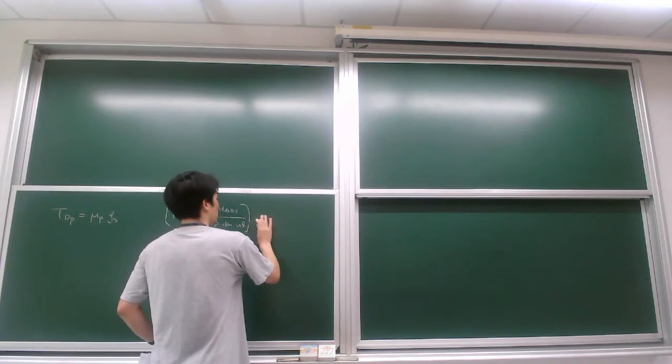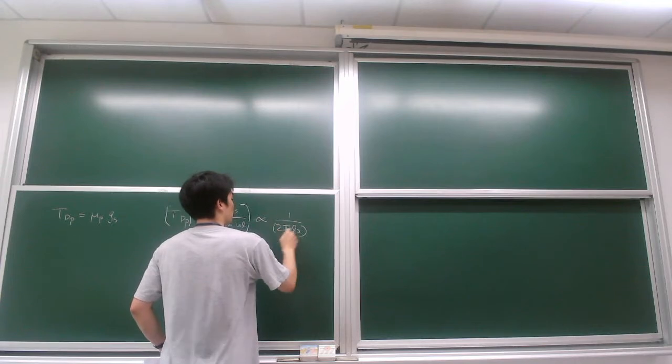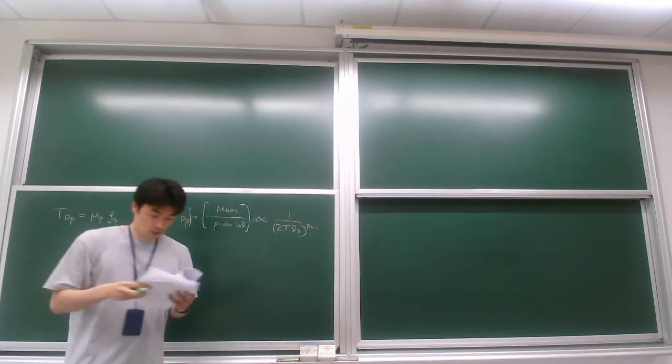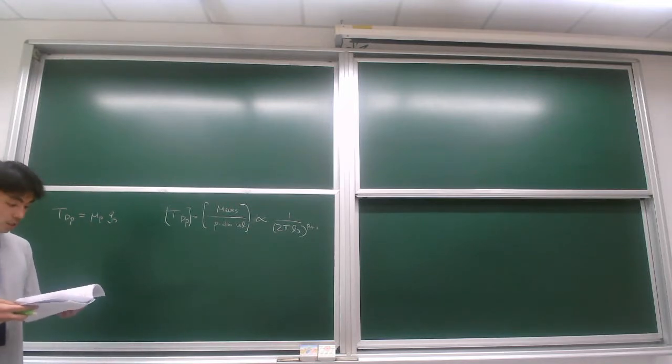Therefore, it should be proportional to 1 over (2 pi string length) to the p plus 1. This is what you expect from dimensional analysis.